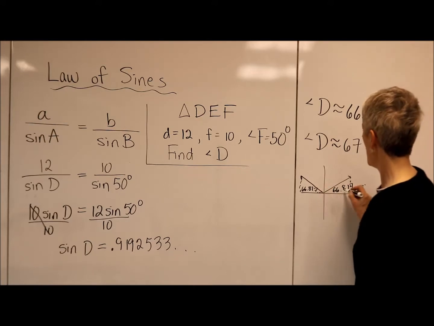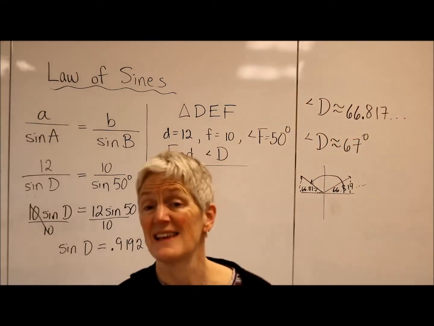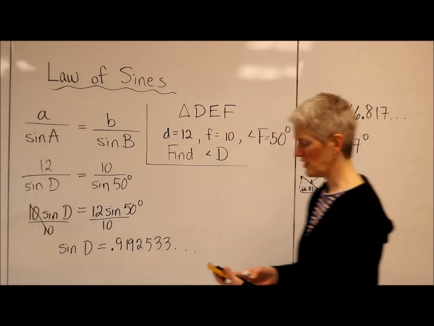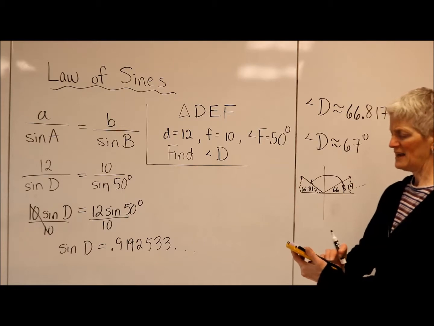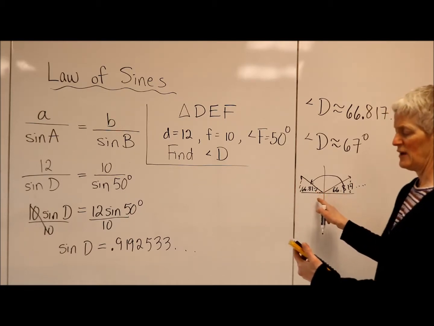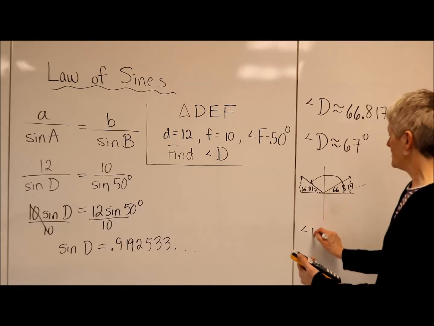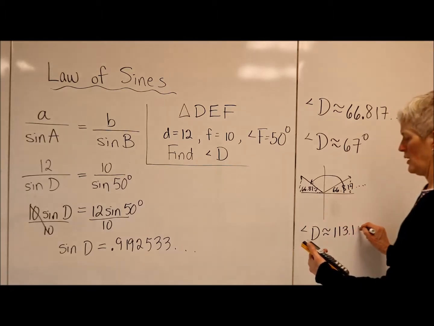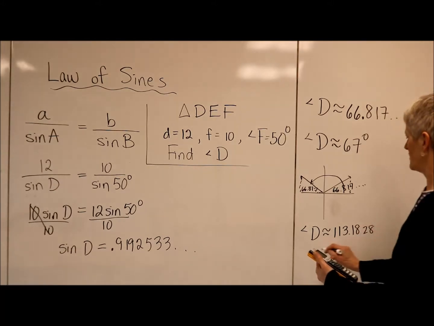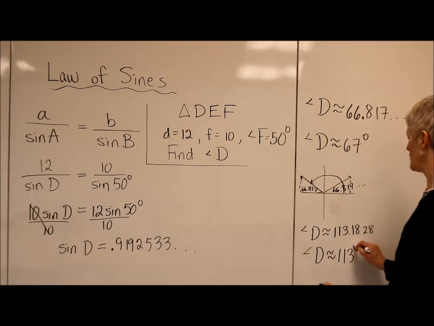So my second angle of rotation that satisfies this equation would be 180, if I'm in degrees, minus 66.817, which would give me angle D being about equal to 113.1828, or around 113 degrees.